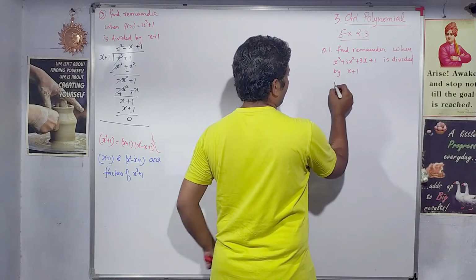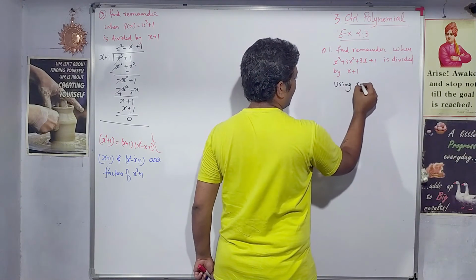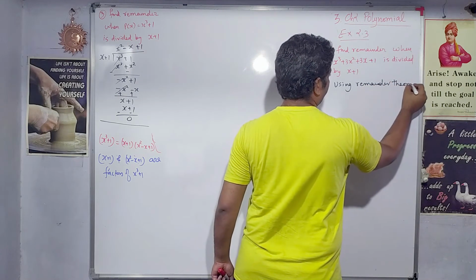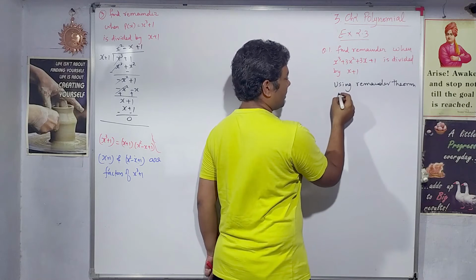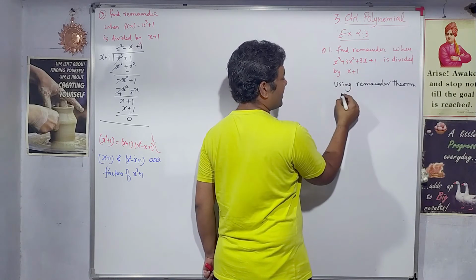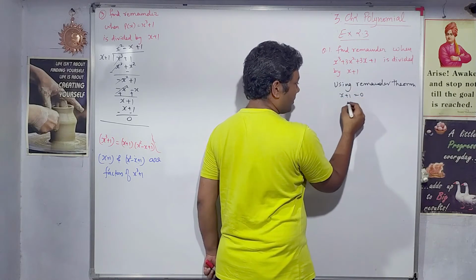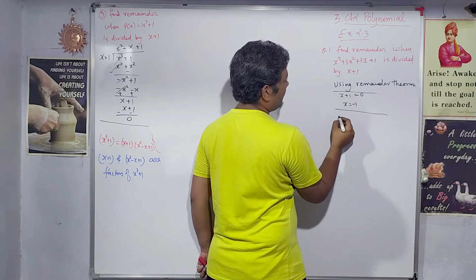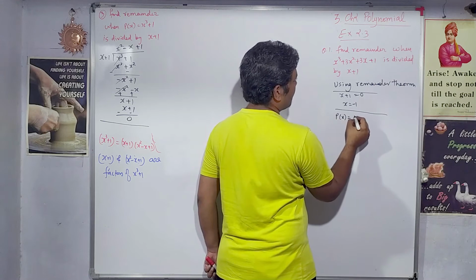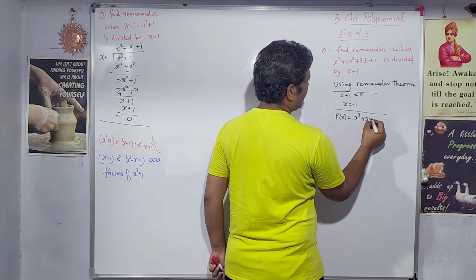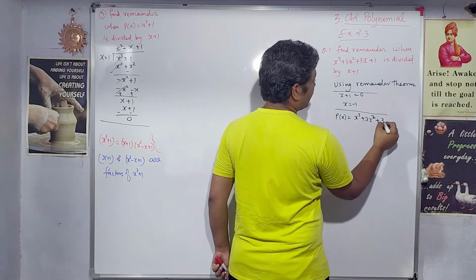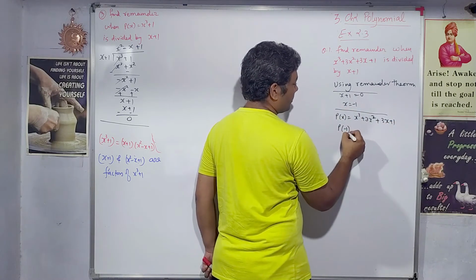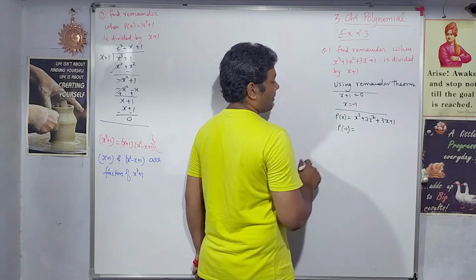So using the remainder theorem, the first thing is the divisor. This is the divisor, so the divisor has to be equated with 0. x will give me -1. Then the next step: I have this polynomial of degree 3, a cubic polynomial, so substitute -1.